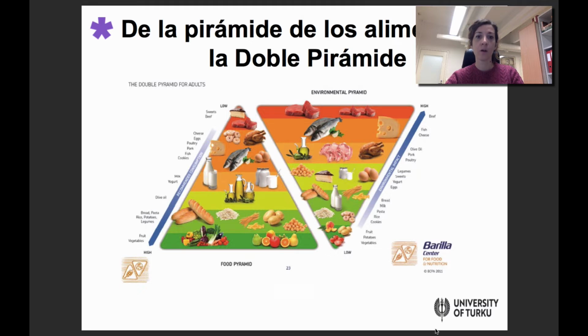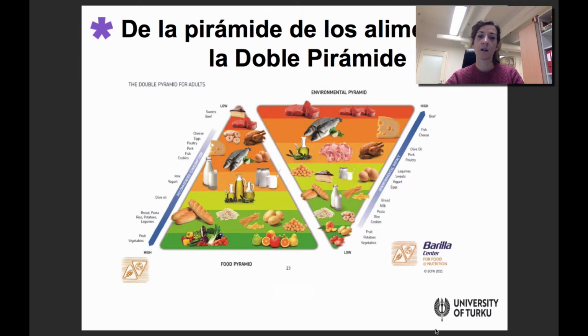So for example, vegetables and fruit are at the base of the pyramid on the left, and on the right, they are at the tip of the pyramid. So it represents how small the environmental impact of these foods is.